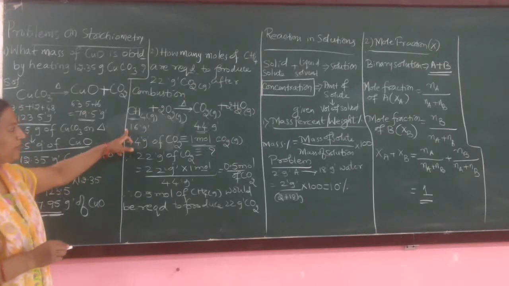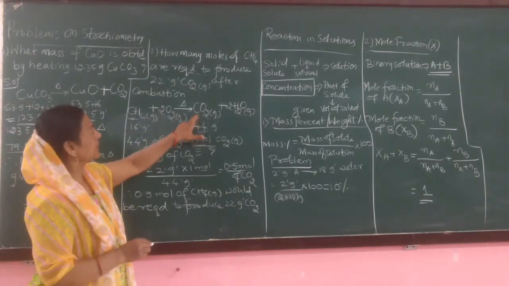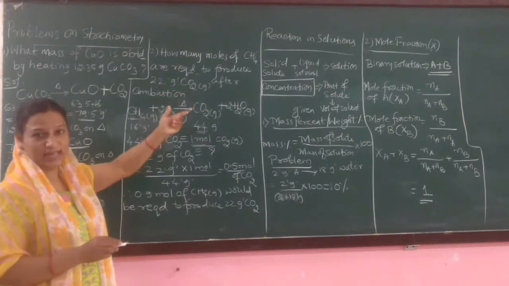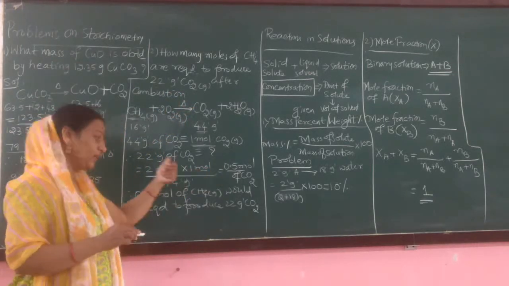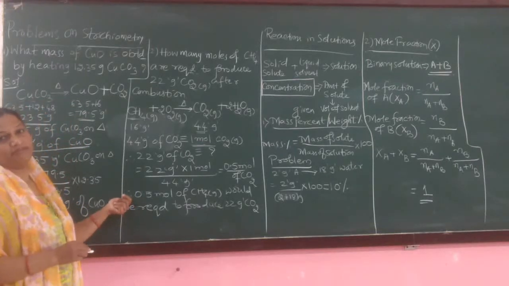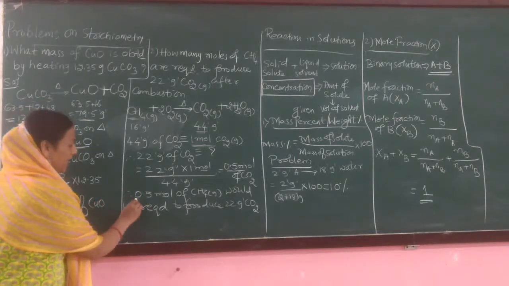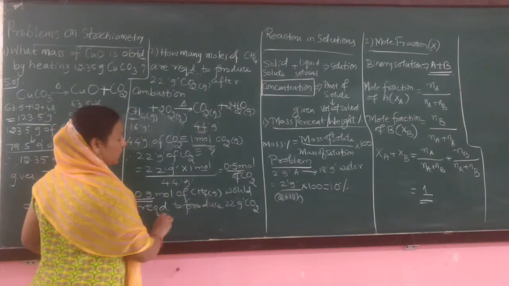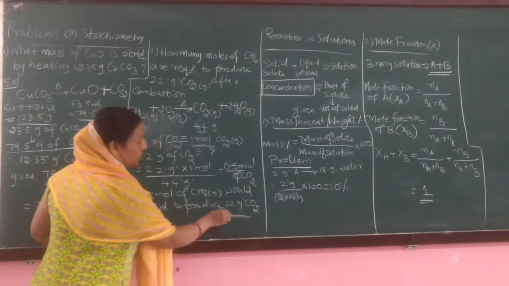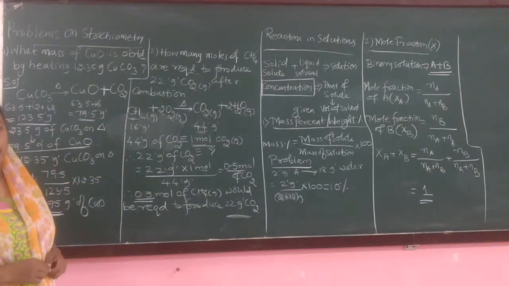Since 1 mole of methane gives 1 mole of carbon dioxide, and the question asks how many moles of methane are required, to get 0.5 mole of carbon dioxide we will require 0.5 mole of methane. Therefore, 0.5 mole of methane would be required to produce 22 grams of carbon dioxide.